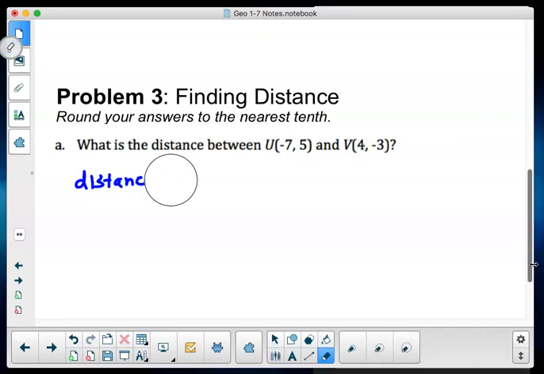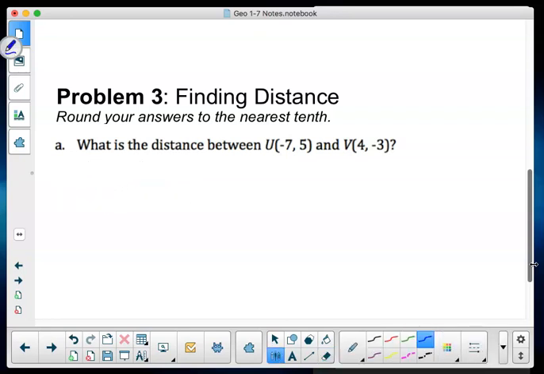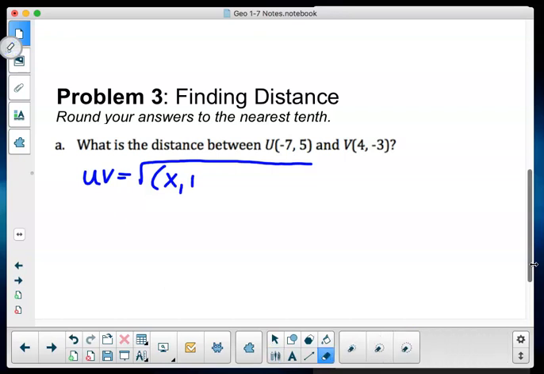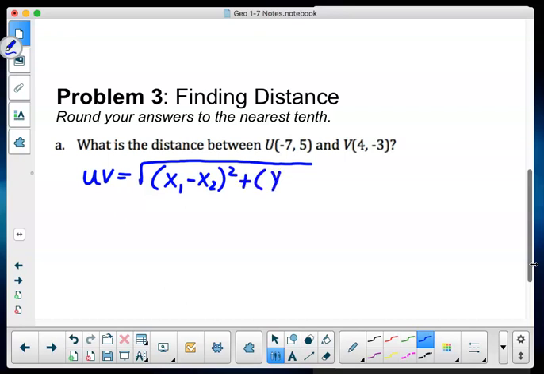And by the way, I should probably write it this way. UV, because I'm telling you right there, the distance between U and V, okay? And I'm going to actually rewrite the formula. I got x sub 1 minus x sub 2 squared. And I add that to y sub 1 minus y sub 2 quantity squared.